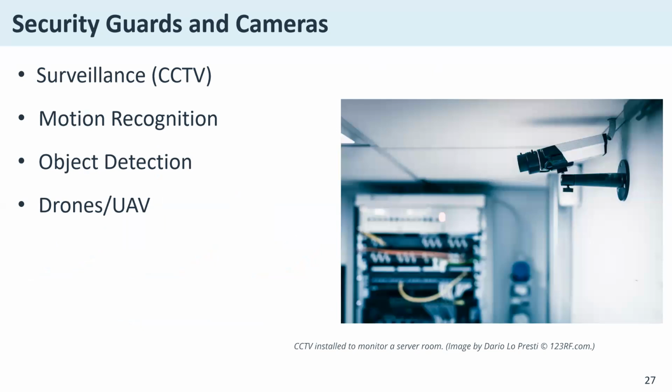CCTV surveillance systems, motion recognition systems, object recognition, drones, unmanned aerial vehicles. That's what you call UAV. So you want to do some surveillance, all of these things. So to actually have security, you have the cybersecurity, the technical controls, you also have the administrative controls, you also have the physical controls.